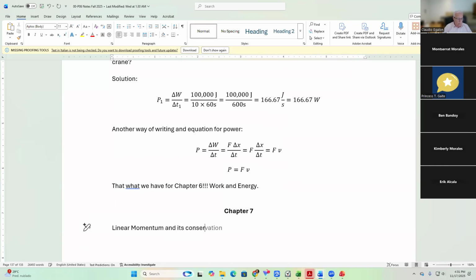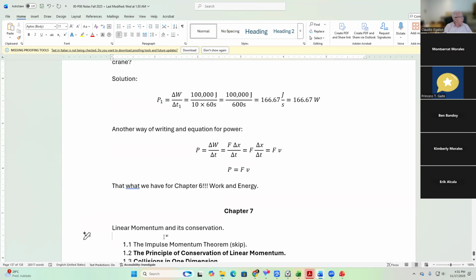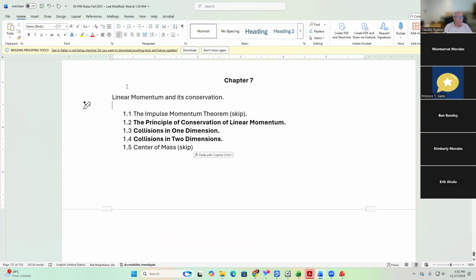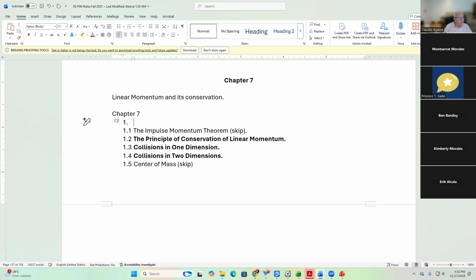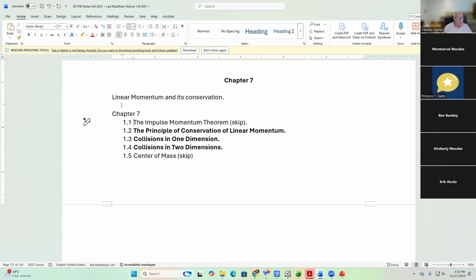and its conservation. The sections that we have in the book are the following. Chapter 7, and I'm going to do section 1.